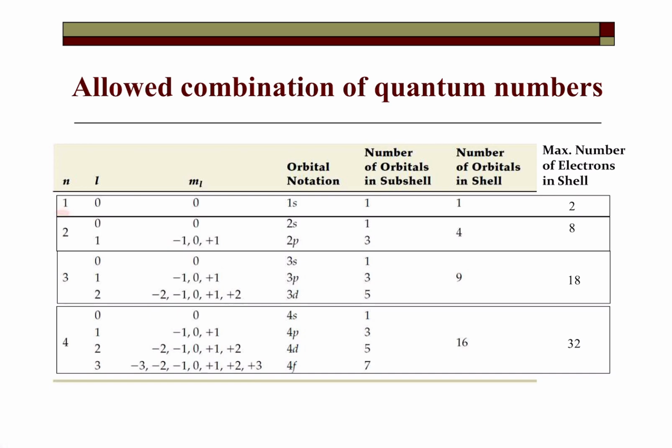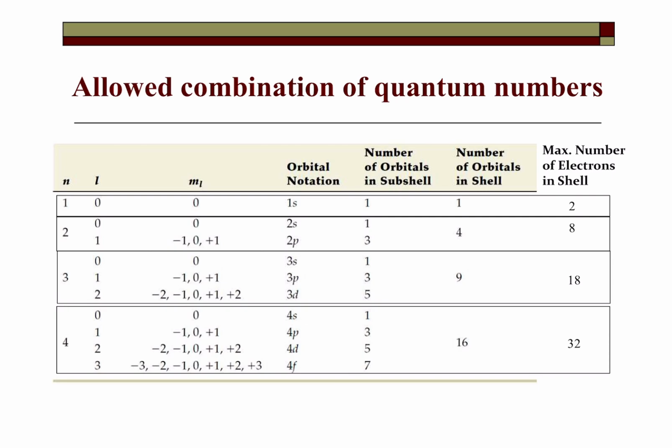The name comes from the principal quantum number n with the subshell: 1s, 2s, 2p, 3s, 3p, 3d, and 4s, 4p, 4d, 4f. The number of orbitals is 1 for s, 3 for p, 5 for d, and 7 for f.